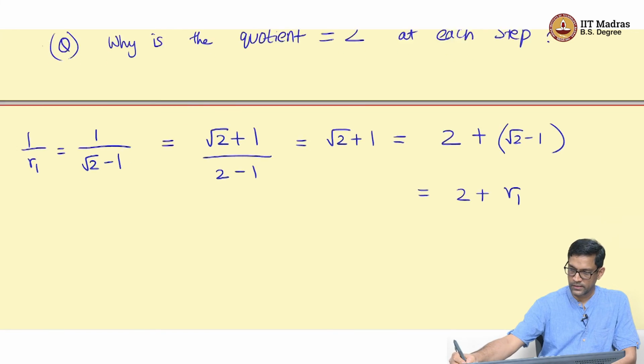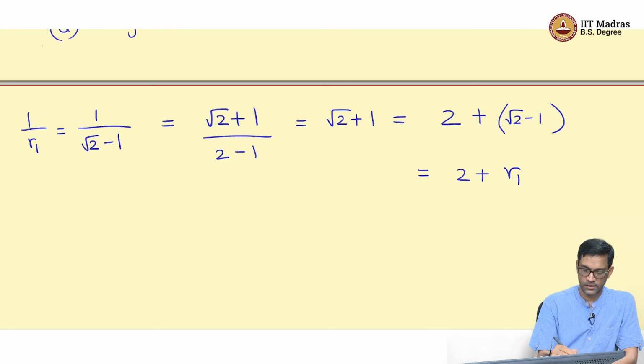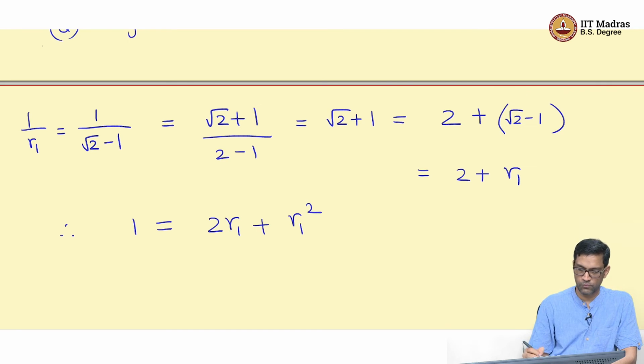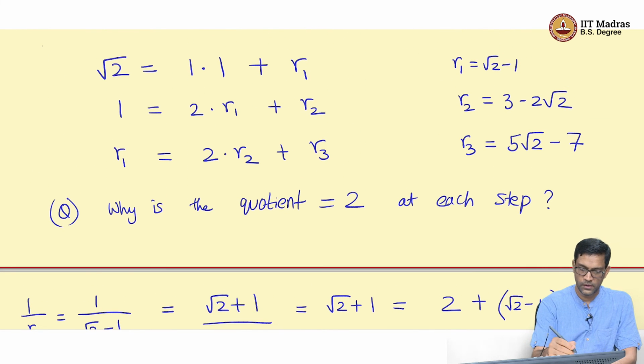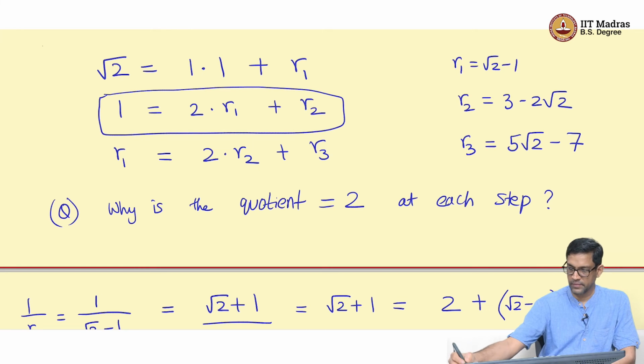Therefore, I will rewrite this step, trying to get something that looks like the Euclidean algorithm. I have divided 1 by R1. Now let's go back here. I had 1, I divided it by R1, and I am supposed to get some remainder R2.